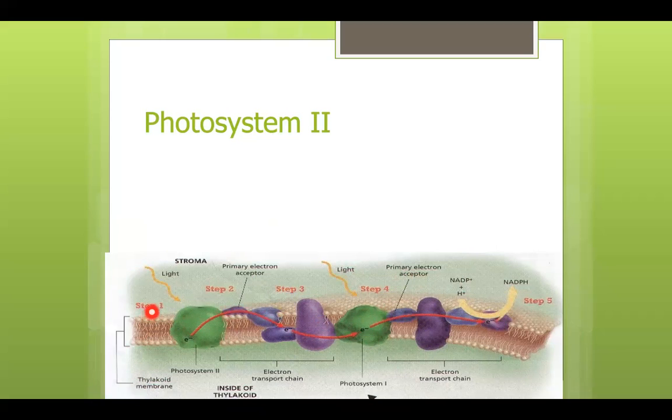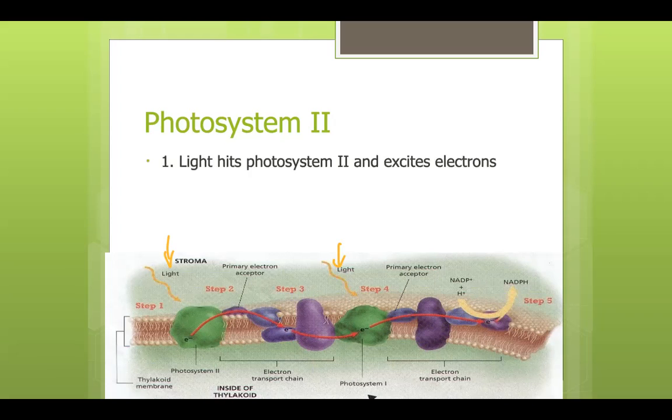Even though I can't describe both things at the same time, just understand that light is going to hit photosystem 1 and 2 at the same time. And basically the same thing's going to happen after the light hits until you get to the end of each of those chains. So I have to describe one thing at a time.